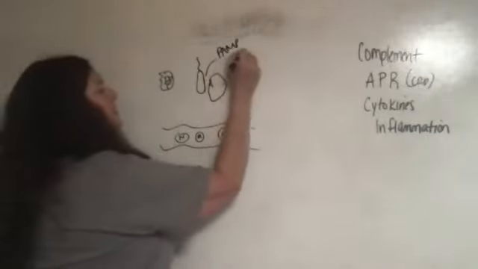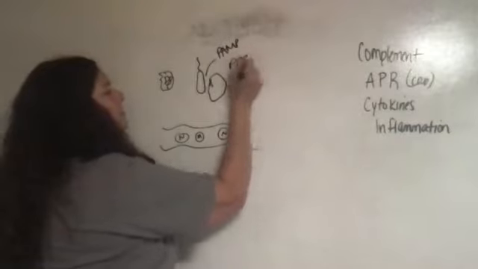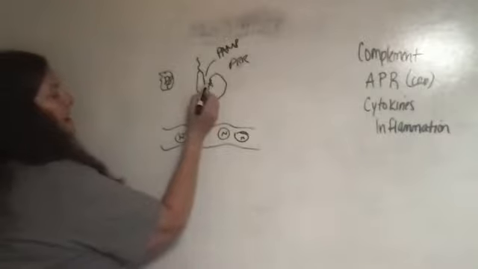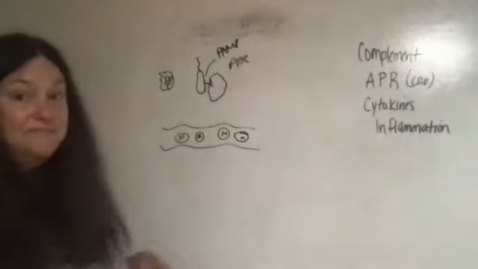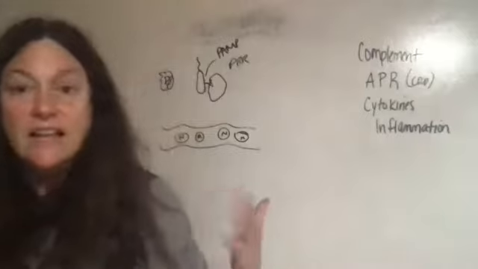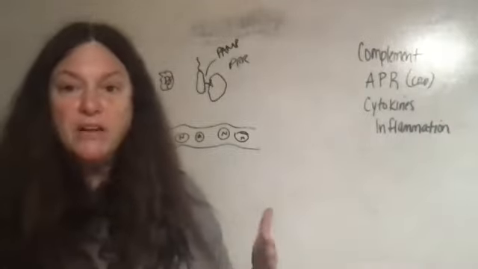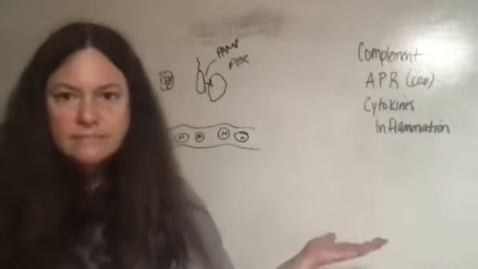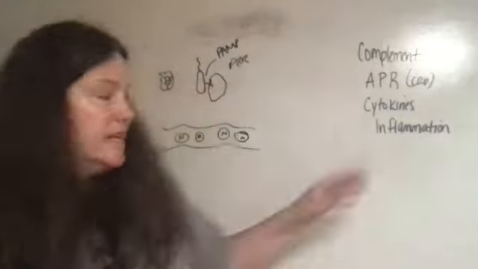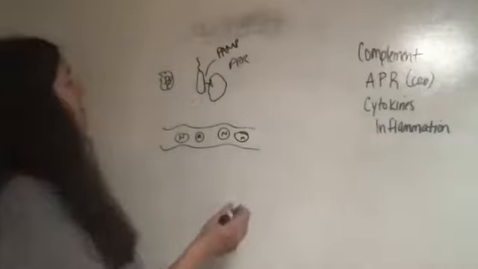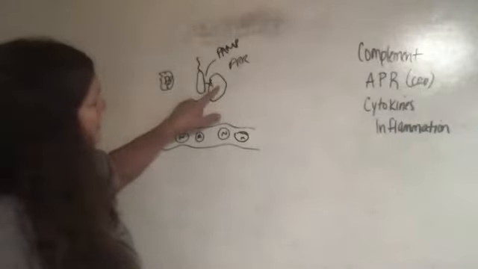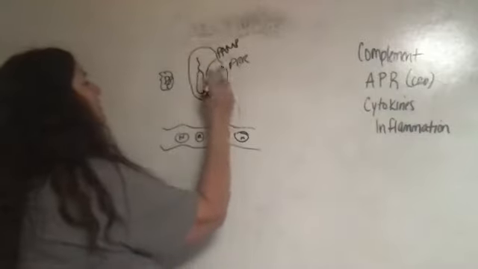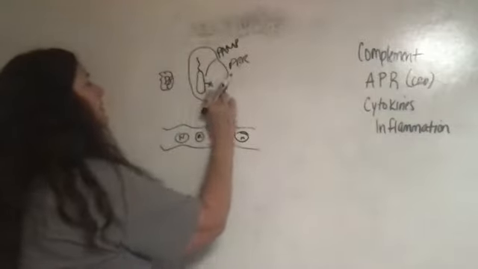So this has PRRs, which are little things here that will recognize this PAMP and will attach. That's the whole thing about your immune system, it's about attachment and destruction. So it attaches. Now this macrophage engulfs all of this.